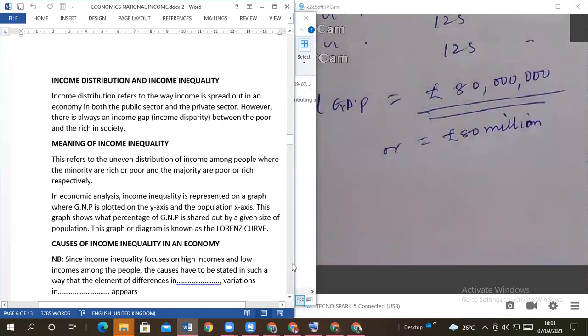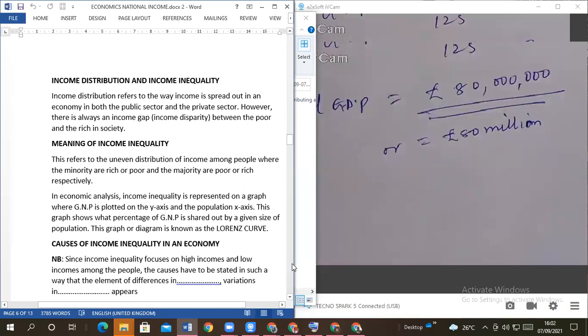That's why you hear of such words. Much as we say income is spread out to different groups of people, we have different groups of people having different incomes. So that takes us to what we call income inequality. What does it refer to?